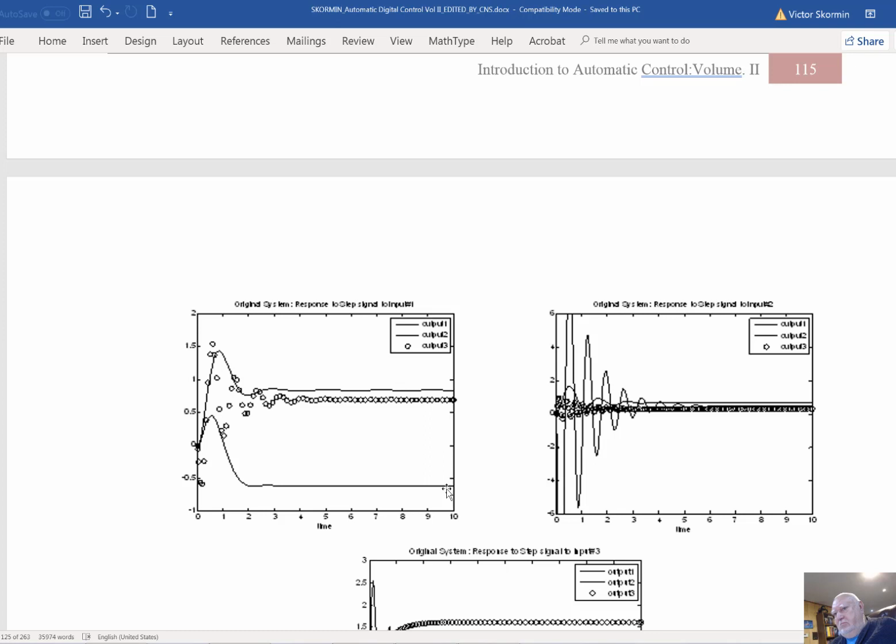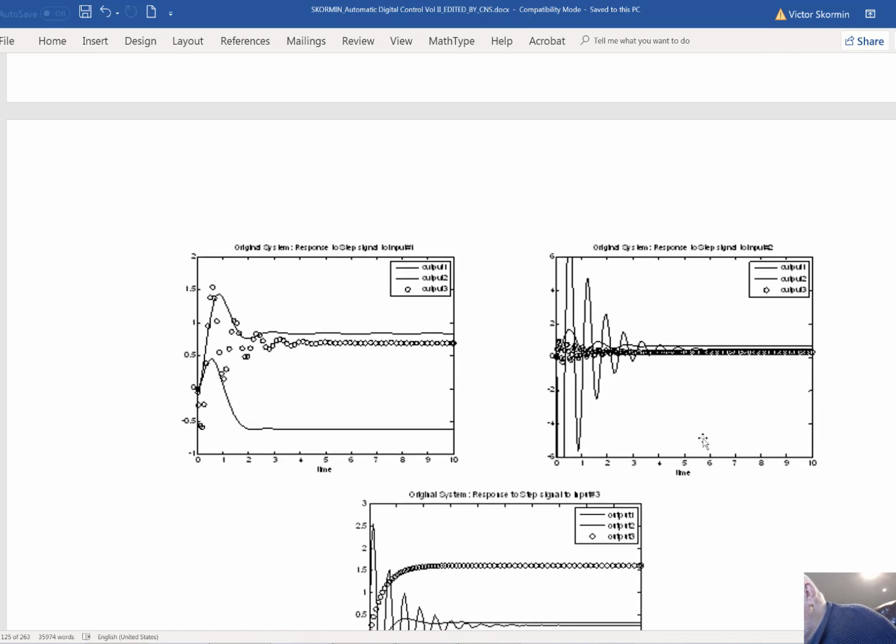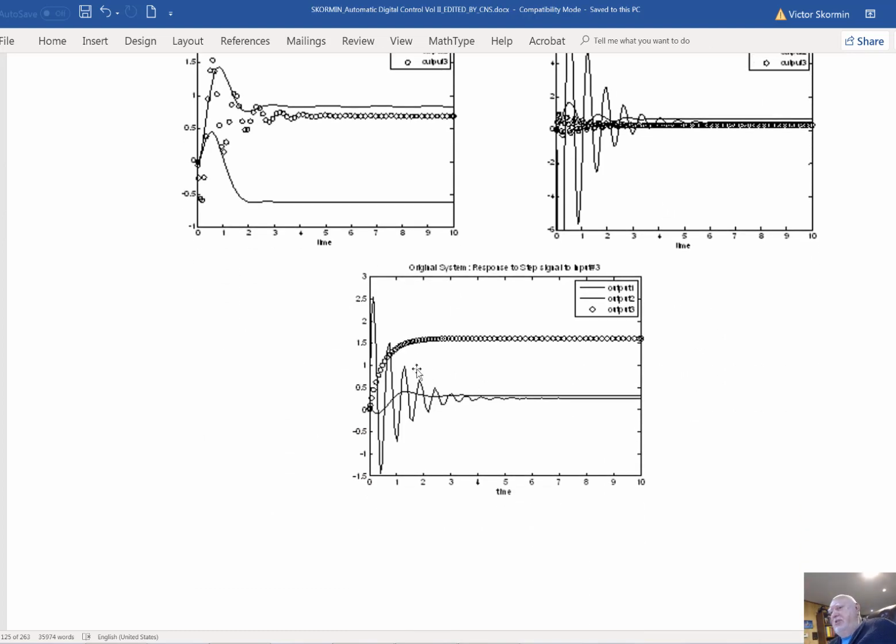So it looks like the local controllers do work. Our system consists of several cross-coupled but stabilized channels.